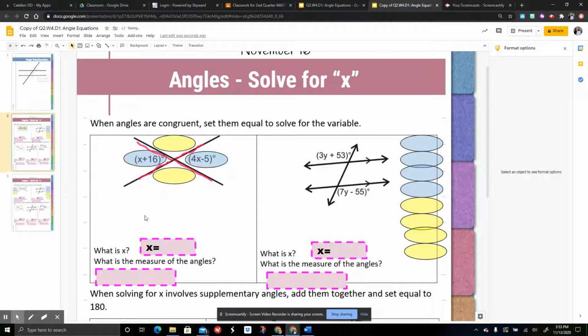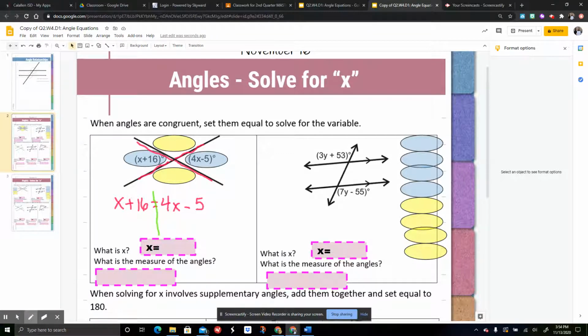So what that means is because they're both congruent to each other, the x plus 16 and the 4x minus 5, if we're going to solve for x, all we have to do is say x plus 16 equals 4x minus 5. Now we have an equation with x's on both sides.